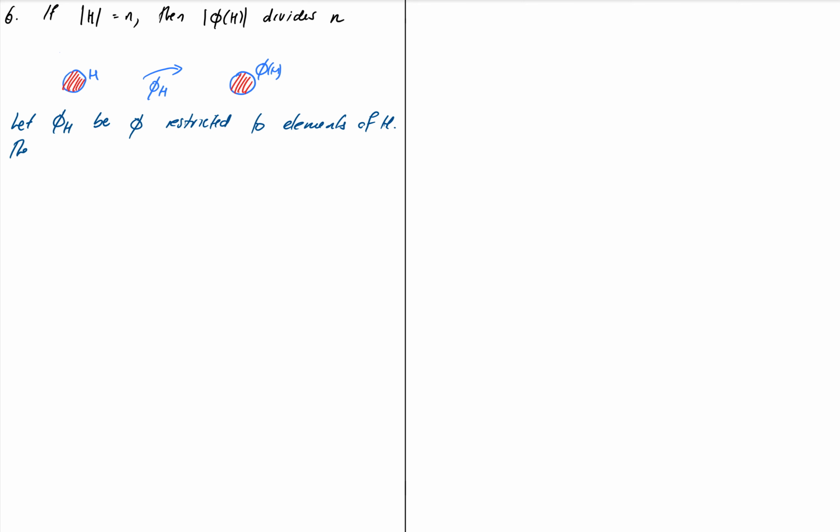Then phi H is a homomorphism from H, and it is actually onto phi of H. Okay, it's still a homomorphism, but at this time it's onto, which is important.